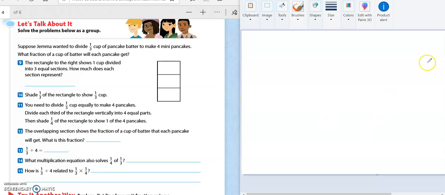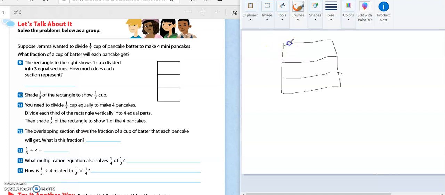So let's see. I'm just going to make it on my own, my little box, and we have 1, 2, 3, and we want 4 mini pancakes.